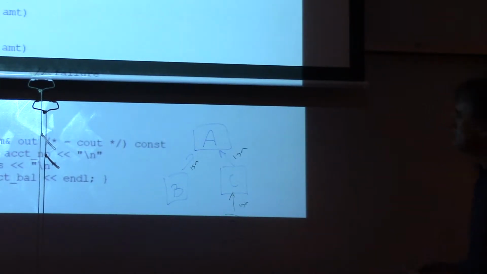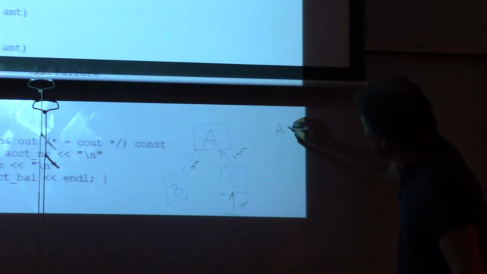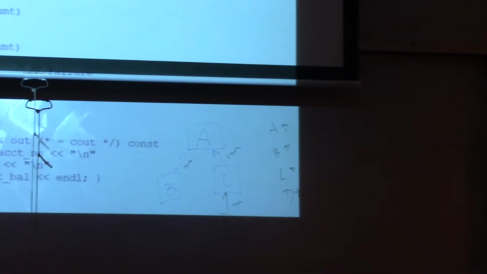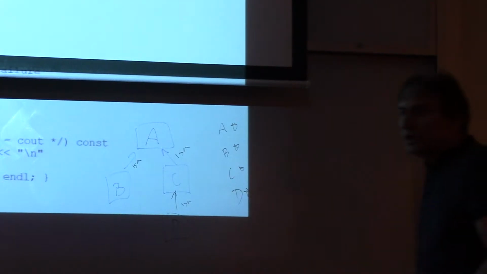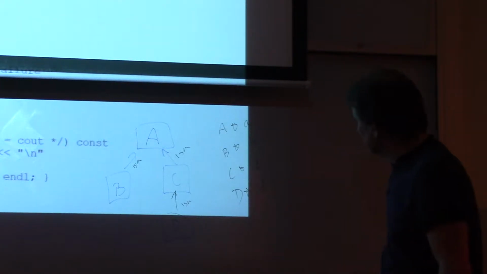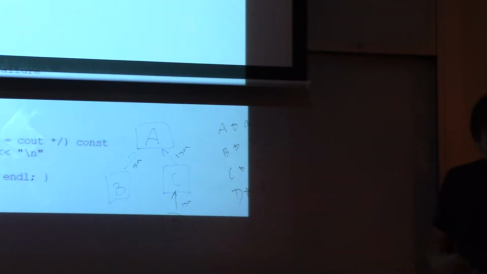Now, in C++, we create pointers. So for example, let's say we have A star, B star, C star, and D star. These stars are basically pointers to the respective classes, and I can create actual variables here, A, B, C, and D. Okay, so what is D?